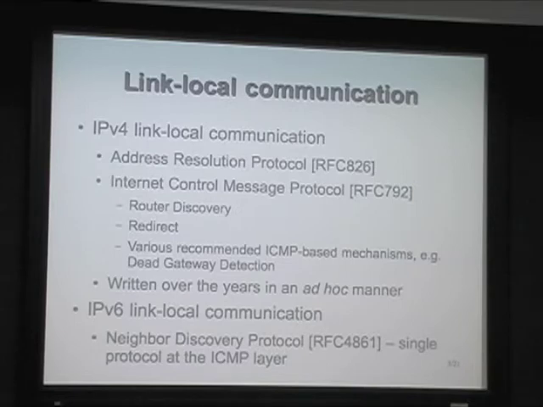For example, the conceptual change in IPv6 is that all link local communication is ICMP based, which means that the whole concept is pushed a bit up the protocol stack, which means that we can use generic IP layer mechanisms, for example, generic IP layer authentication or security mechanisms for the link local communication.